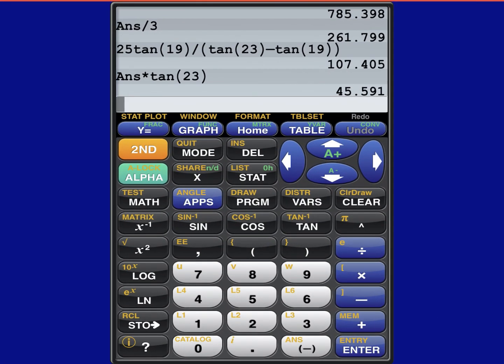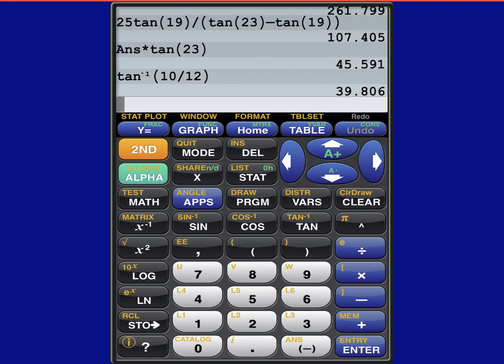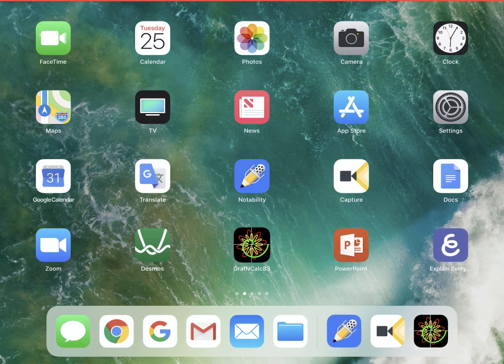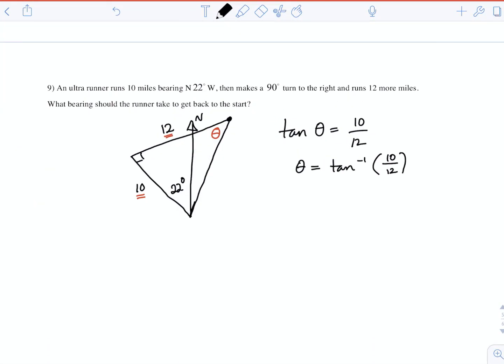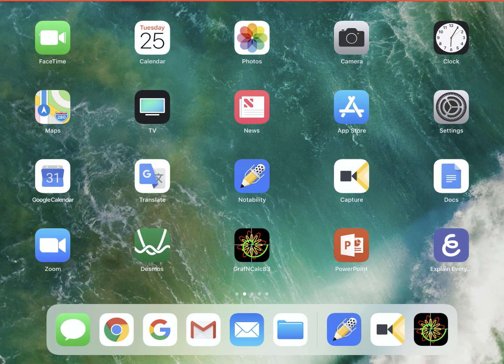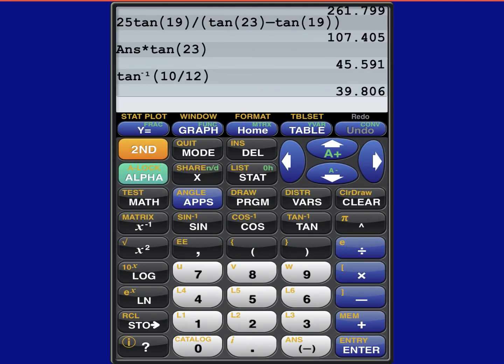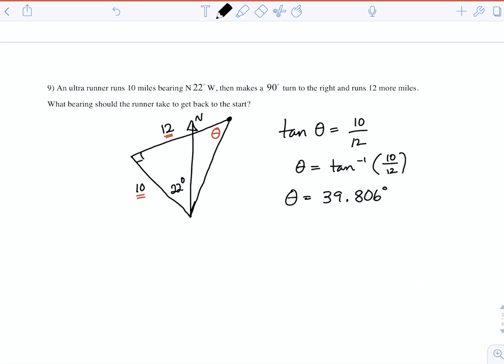So tangent inverse of 10 divided by 12 is an angle of 39.806. So theta is 39.806 degrees. Let me just double check. 39.806, is that what I said? It is. All right, but that's not the bearing.